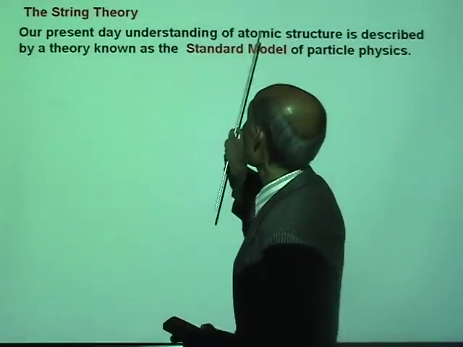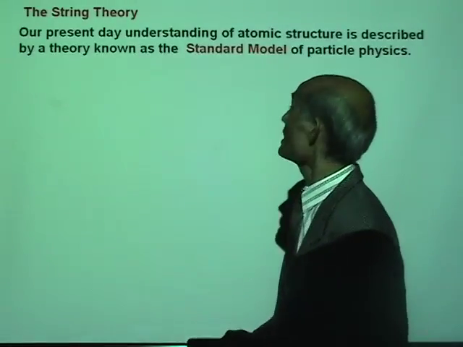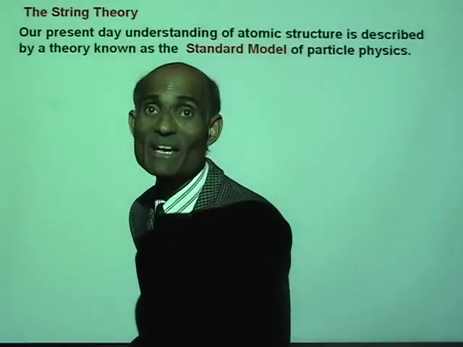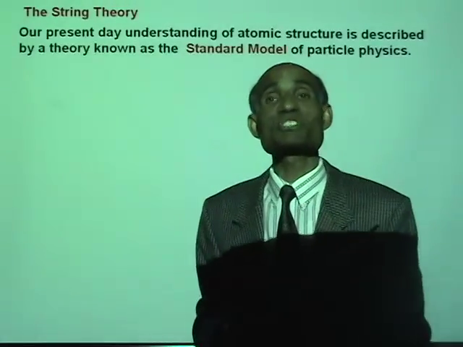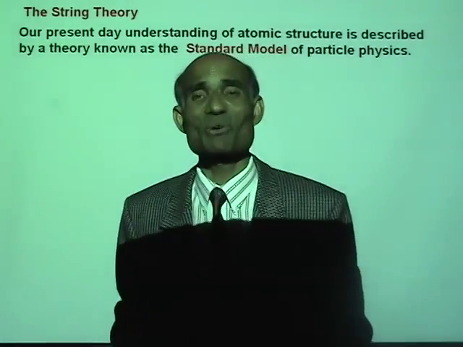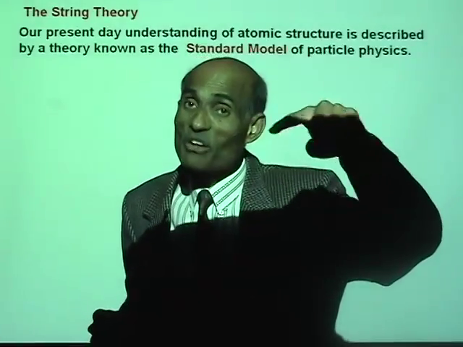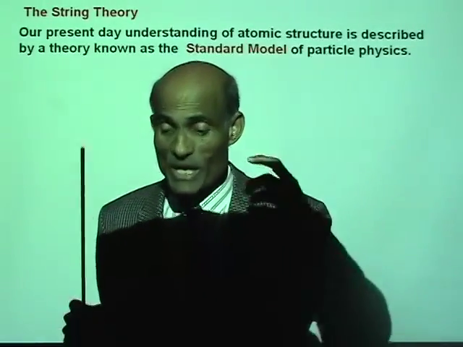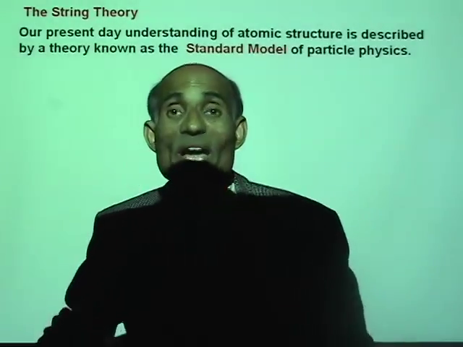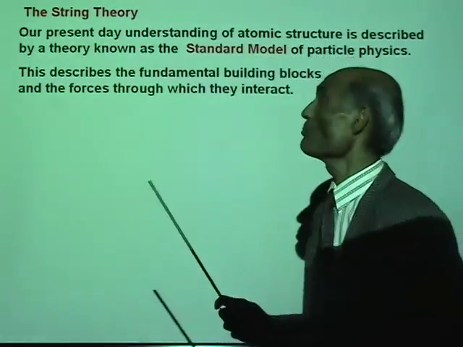The present day understanding of atomic structure is described by a theory known as the Standard Model of Particle Physics. What we discussed so far, the quantum model, is one way of describing the Standard Model.